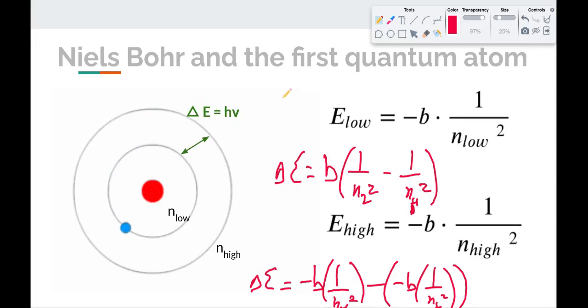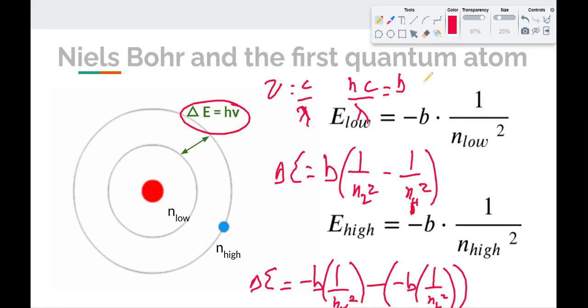But remember that delta E is h nu, and remember also that nu is c over lambda, so that means that h times c over lambda is equal to B times 1 over n low squared minus 1 over n high squared. And this should start looking a little bit to you like Rydberg's equation at this point.